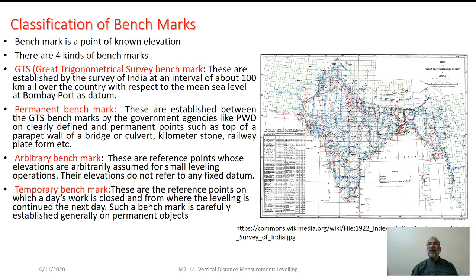And such data is available with the Survey of India as well as various government organizations in order to start the work. In some regions, locating such permanent benchmarks, these GTS benchmarks, can also be taken as important work, and some people look towards it as their hobby.